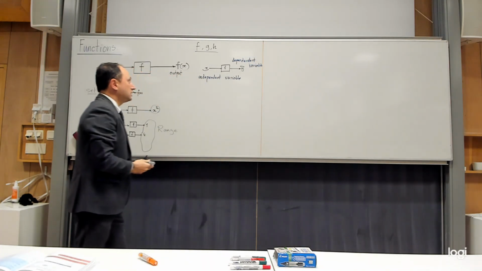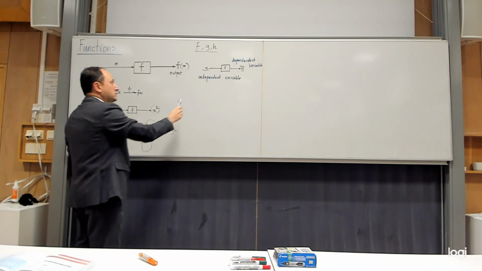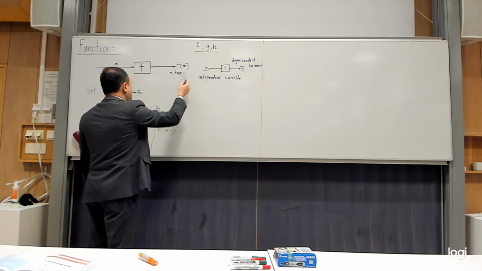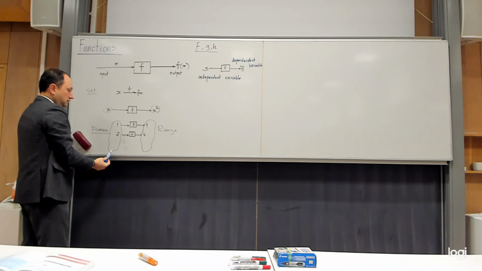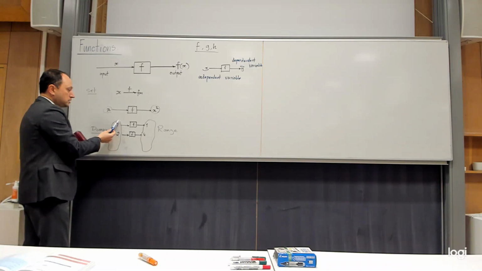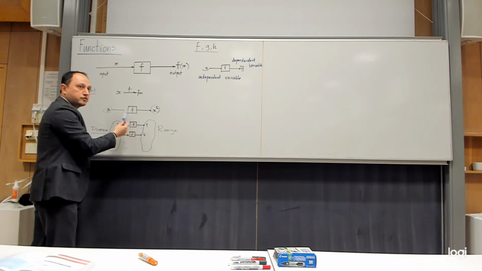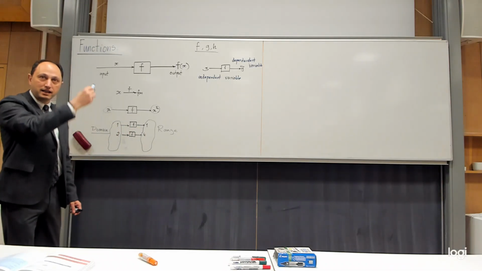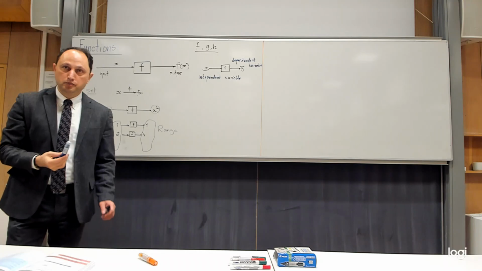The name is actually a good name, because in principle, from the domain, you are free to choose whatever you like to send in, but as soon as you decide about one of them, the output should follow. It depends on the input that you put in.